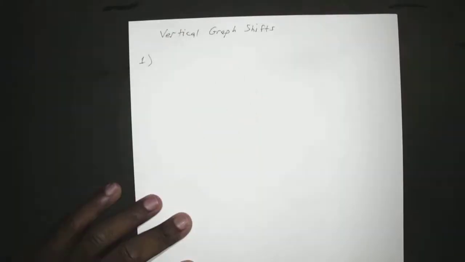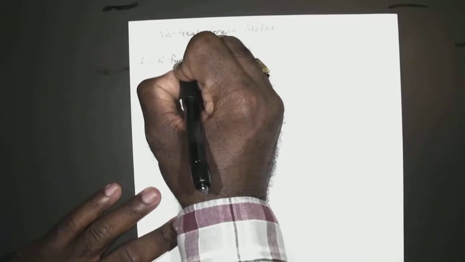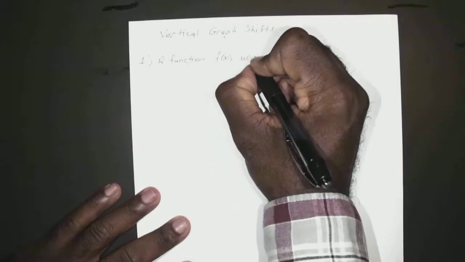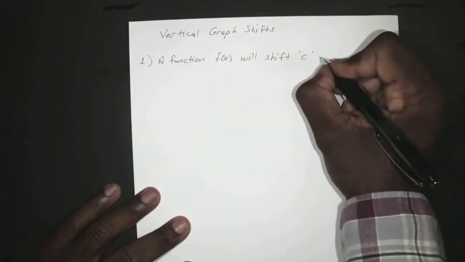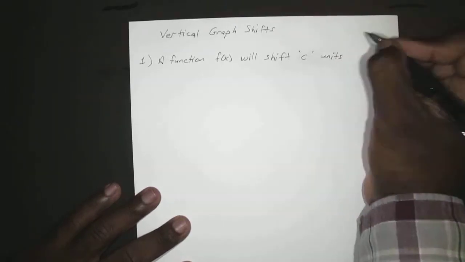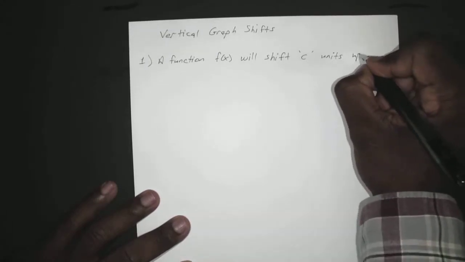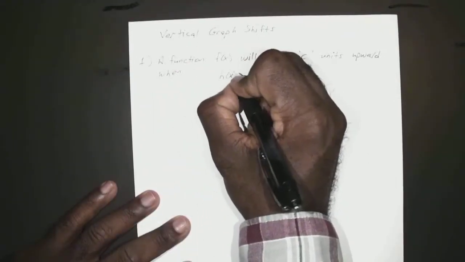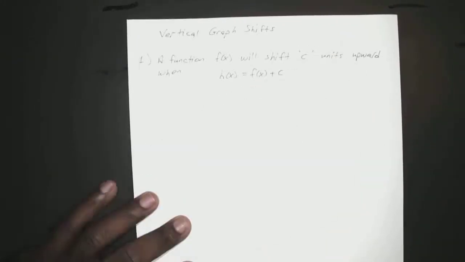The first one: a function f of x will shift c units up, if c is a number, when you have some function h of x, which equals f of x plus c.